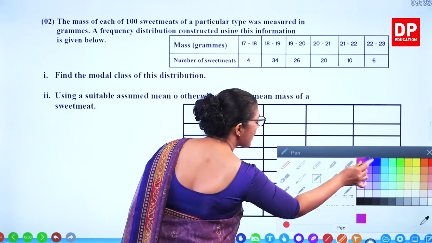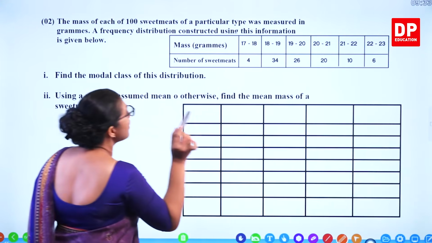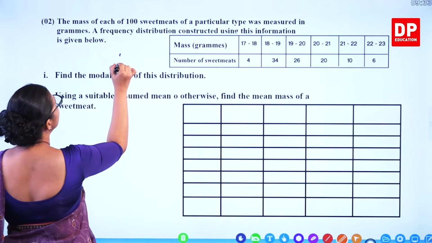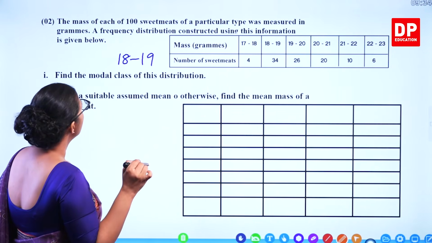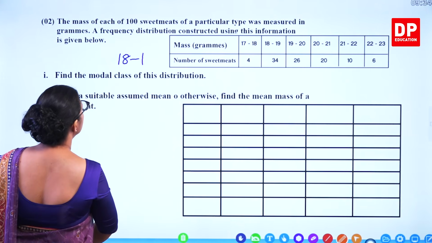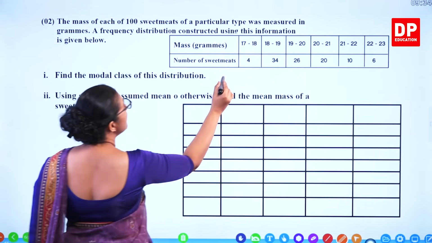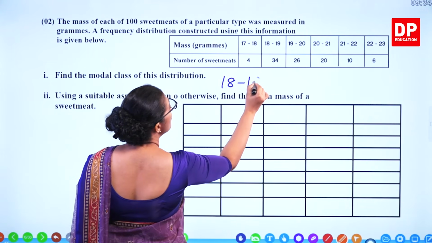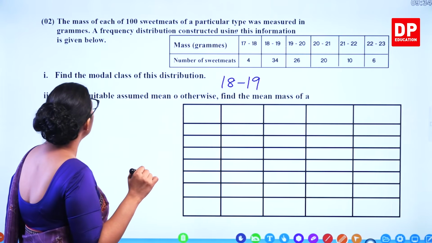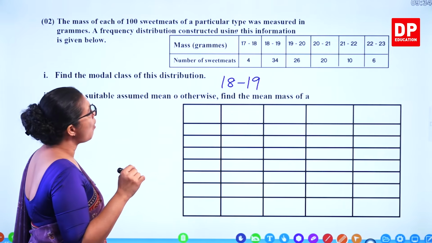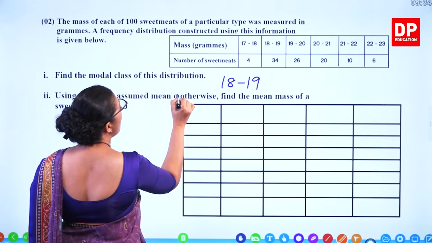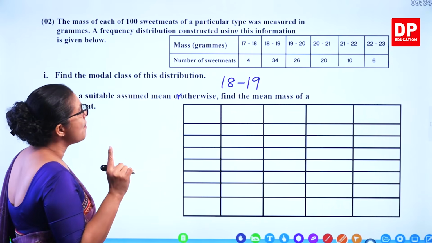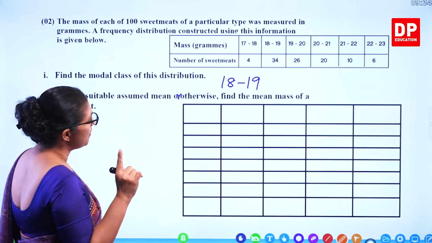So what's the modal class? 18 to 19. So that's here. Next: using a suitable assumed mean or otherwise, find the mean mass of a sweetmeat.